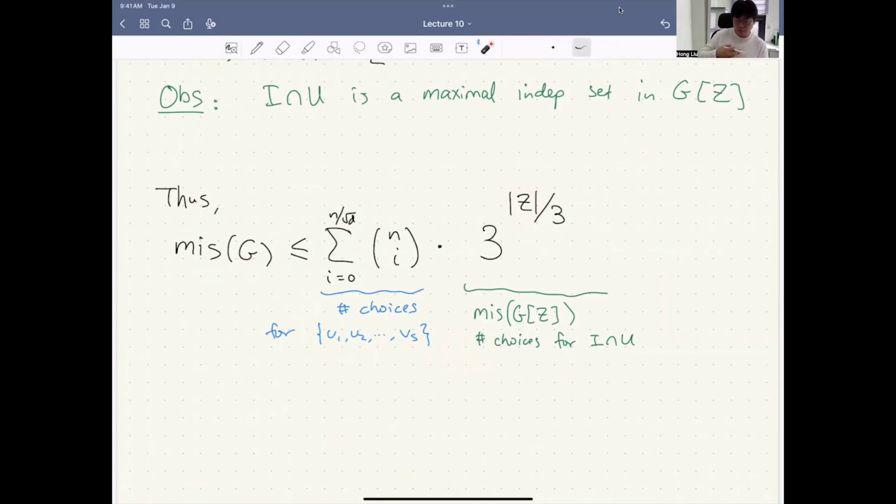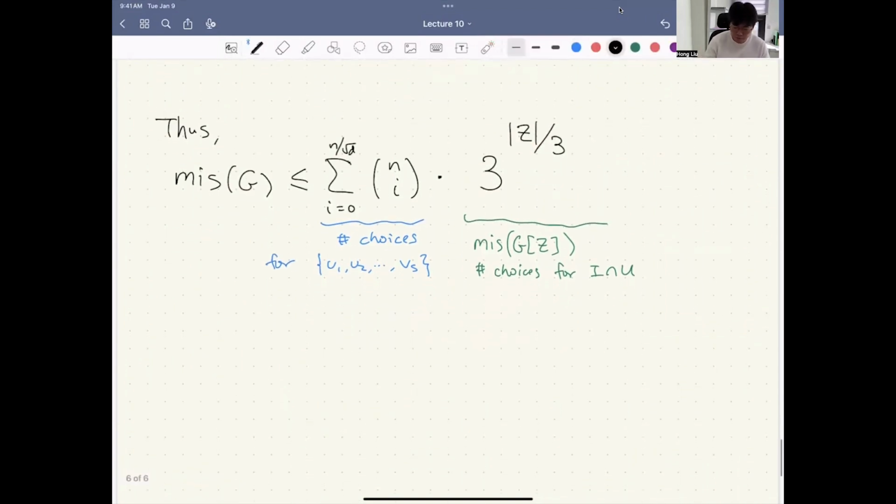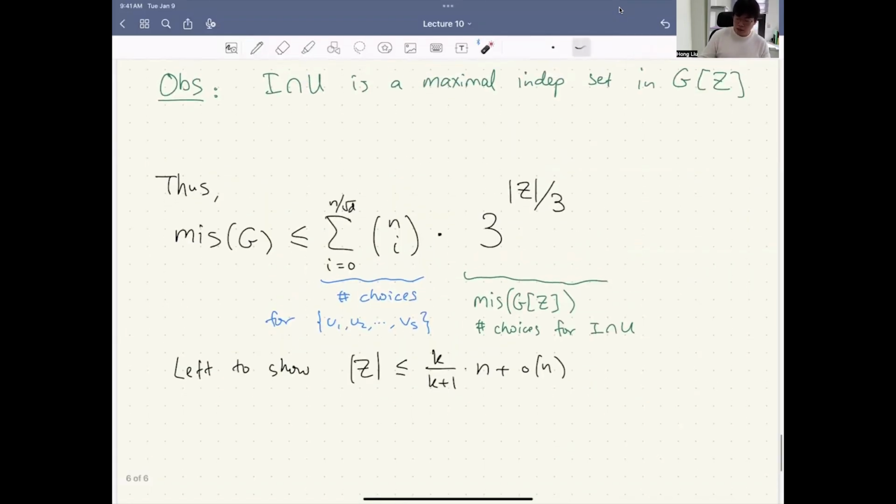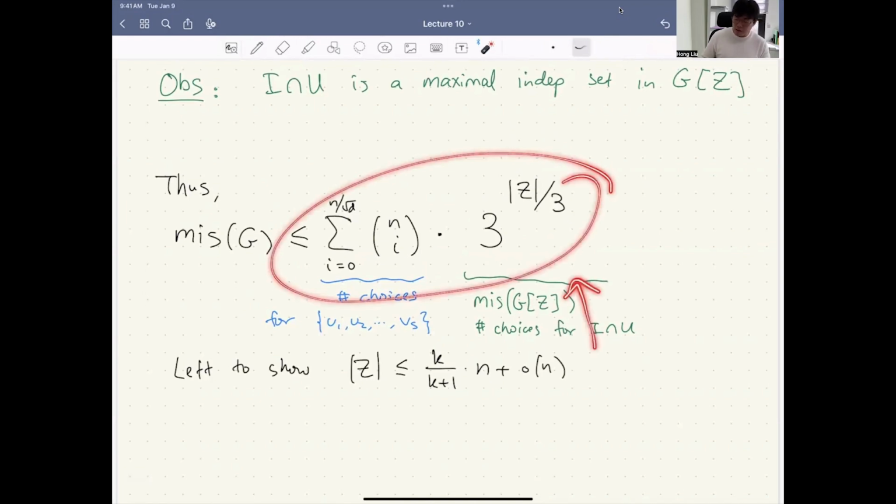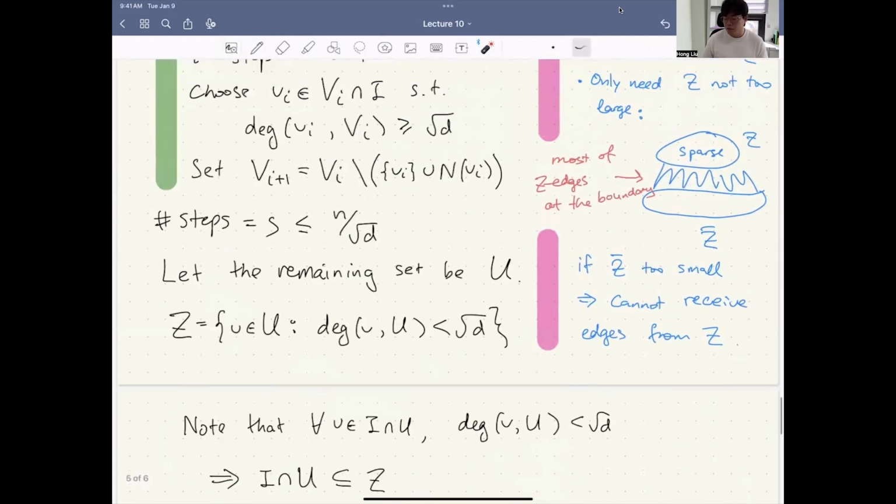So we are left to show Z is at most k over k plus 1 times n plus little o of n, basically. Then you plug it in, and you will get the desired bound. And the reason is here.